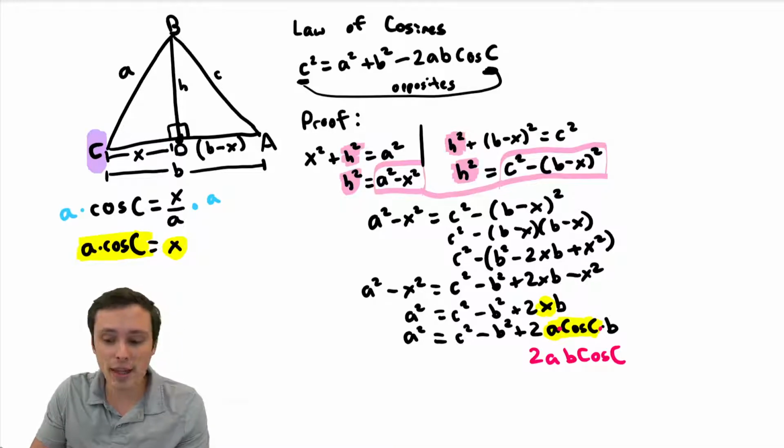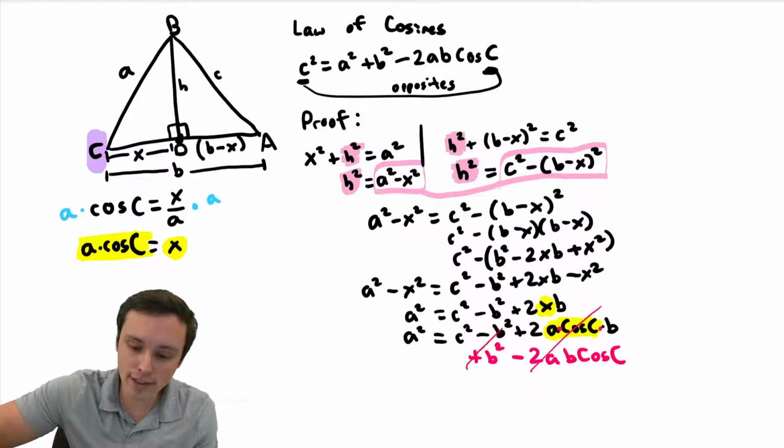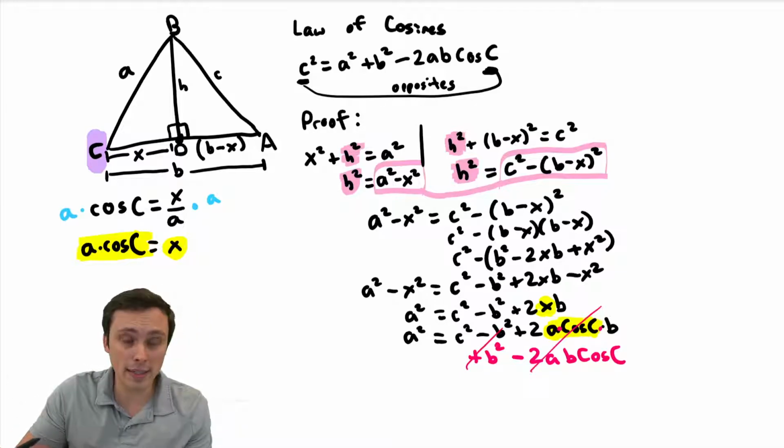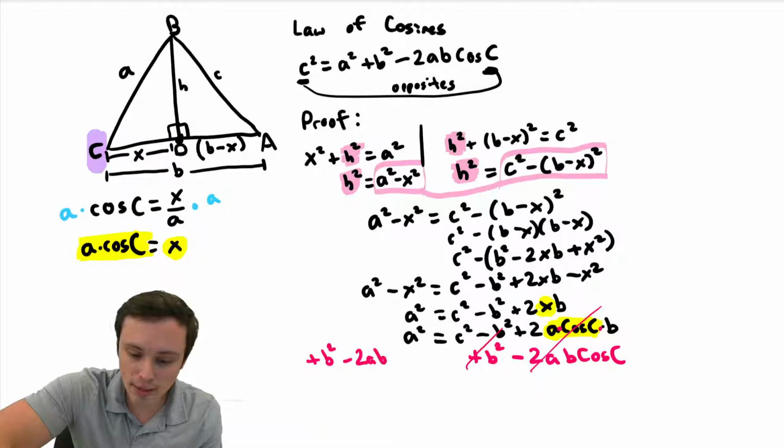So we good with that? I'm also saying that we should subtract this from both sides, and I also want to add b squared to both sides. What I'm trying to do here is get rid of all of this stuff so that my c squared is by itself. But that means we've got to do it to both sides. We're going to add b squared and subtract 2ab cosine c from this side.